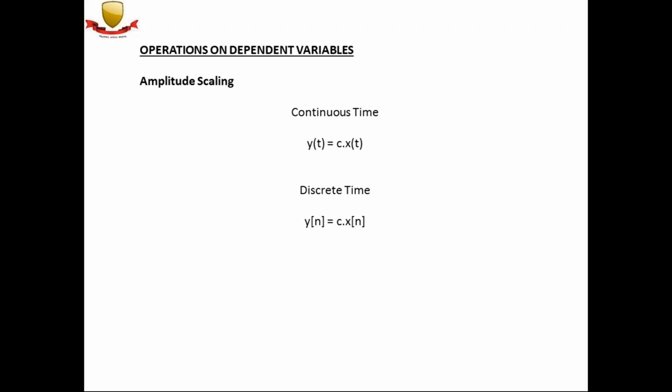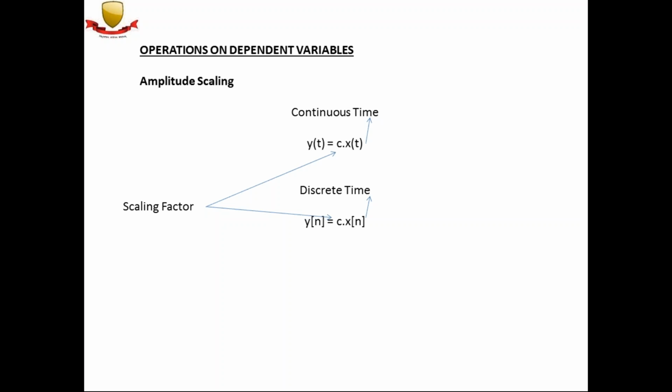The first operation is amplitude scaling. In our previous video, you have seen some idea about continuous time and discrete time signals. You can see here that x(t) and x[n] are continuous and discrete time signals respectively. Here, the c, whatever you can see here, is your scaling factor.